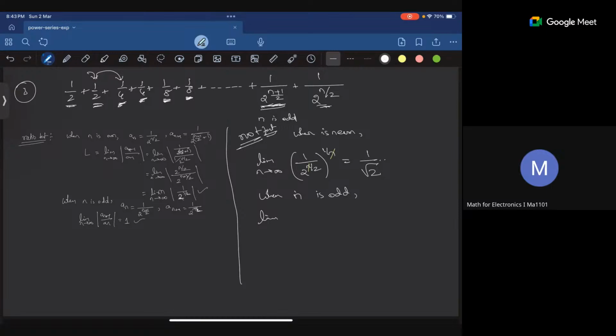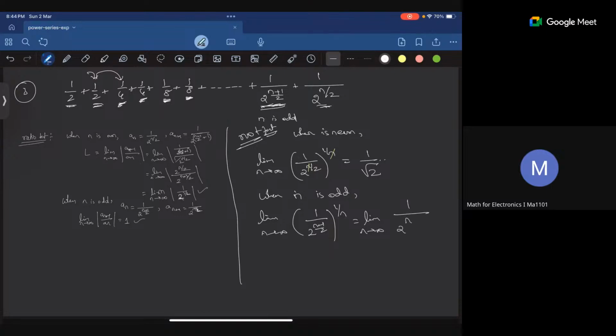you can see that limit n tends to infinite 1 by 2 power n plus 1 by 2 whole power 1 by n. Even in this case also, you can see that you will get limit n tends to infinite 1 by 2 power.